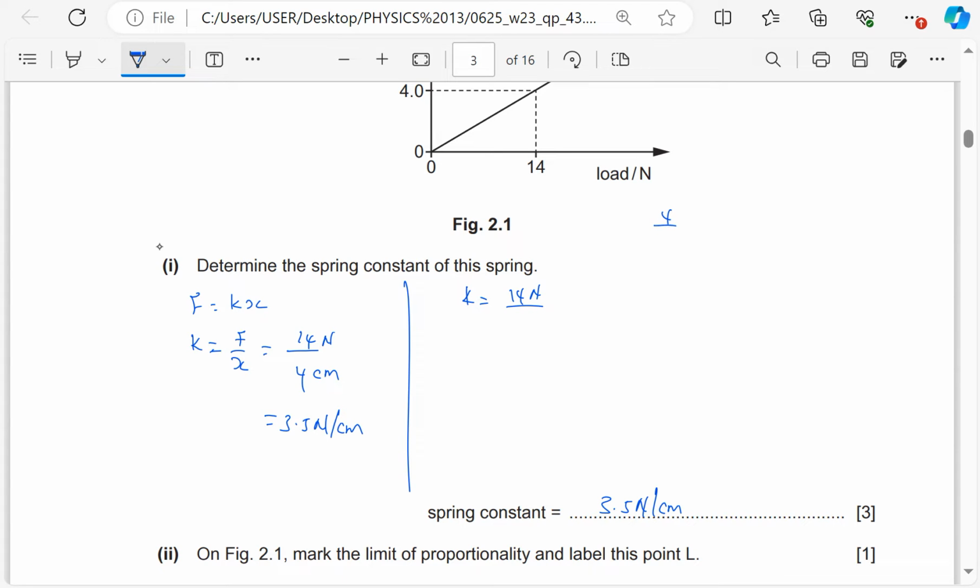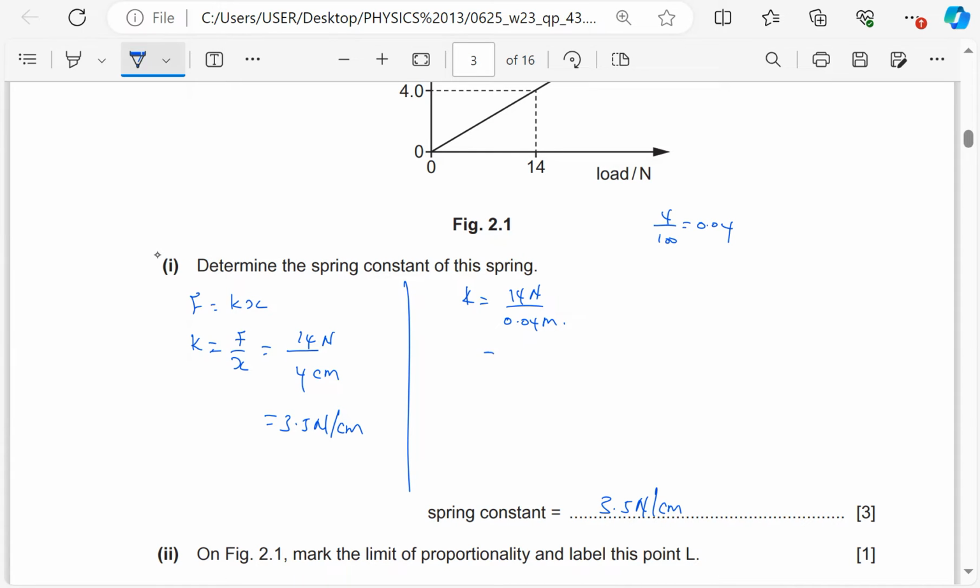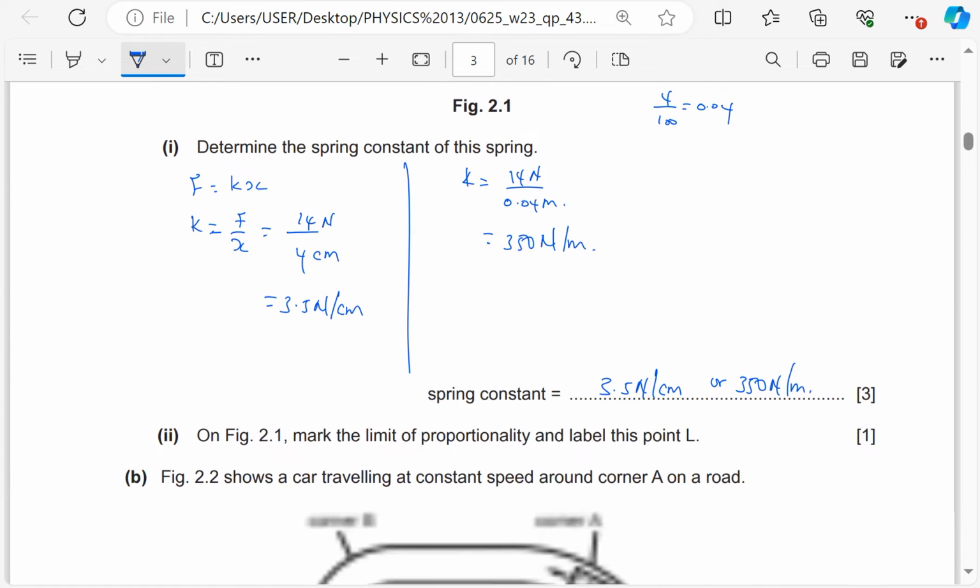I will divide 4 by 100 to change it to meters, so it is 0.04 meters. So 14 divided by 0.04 would be 350. So K could also be 350 newtons per meter.